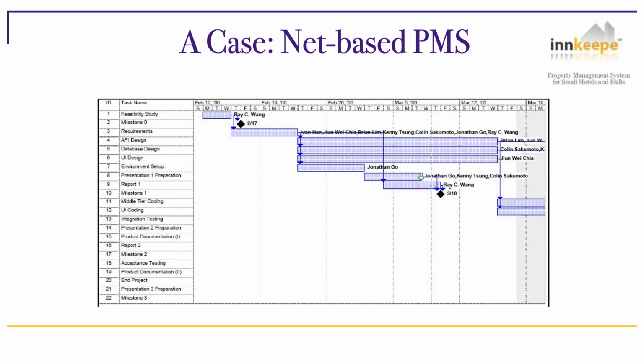So throughout the explanation of the system development lifecycle, I might use this example, which is a real project, a simple project where the idea was to create a property management system for small hotels and bed and breakfasts.